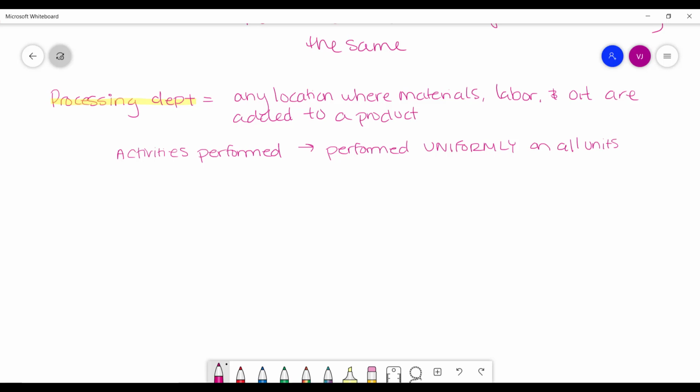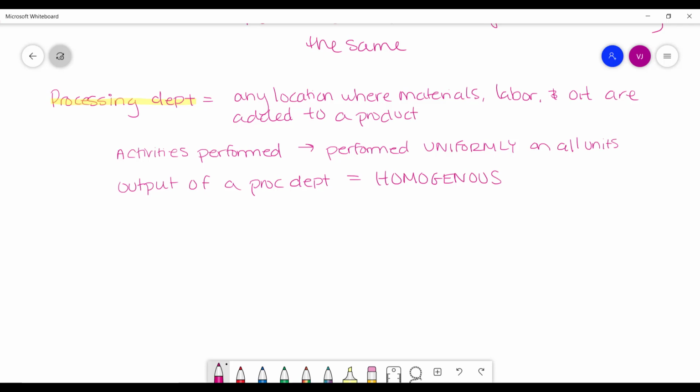So for that reason, the output produced of a specific processing department must be homogeneous. The units that a department completes work on today should be identical, or homogeneous, to those units completed tomorrow, last month, a month from now, and so on.